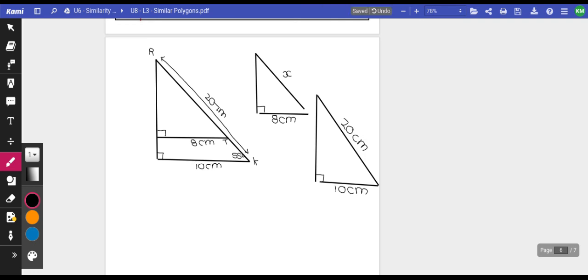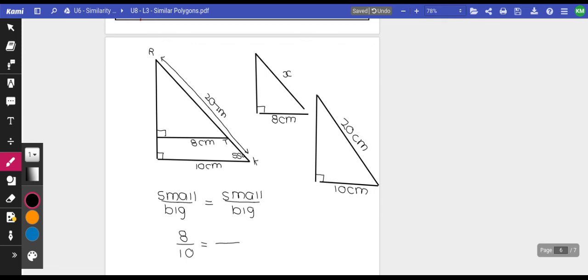We can do our cross multiply one. So remember, it's going to be small over big equals small over big. Now, the first small over big is the one where we know both parts. What corresponding sides are on the small and the big and we know both? 8 and 10. Now, we also know another side. I think it's on the big. What is it? 20.